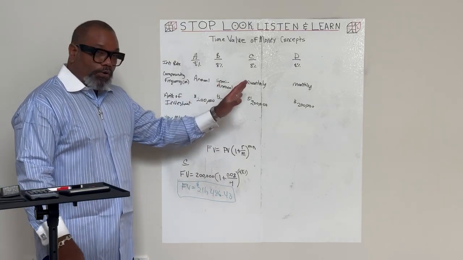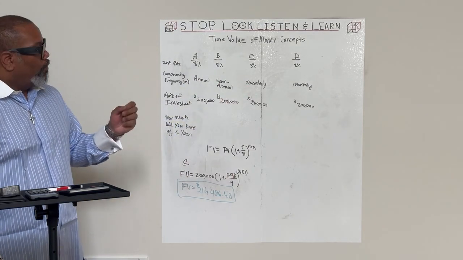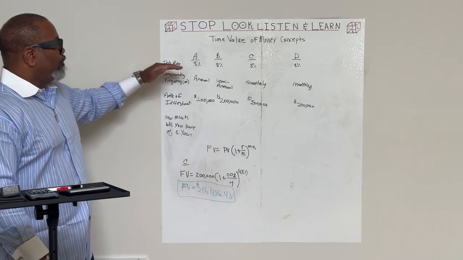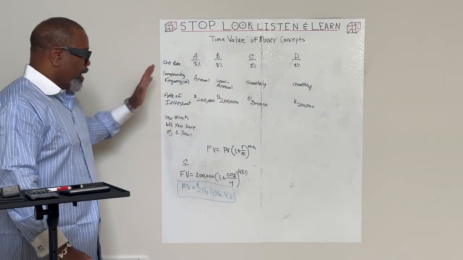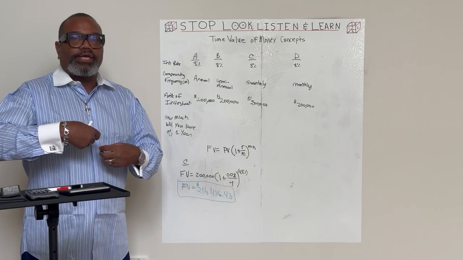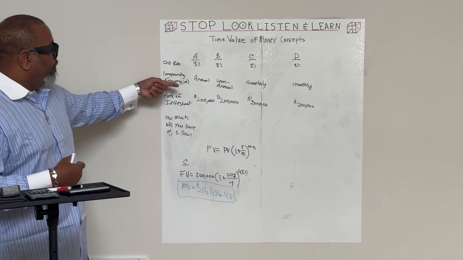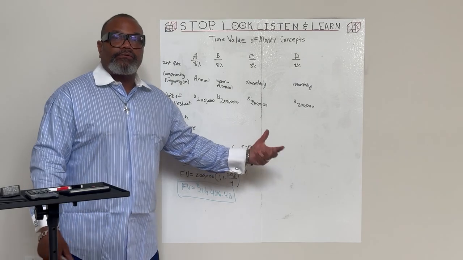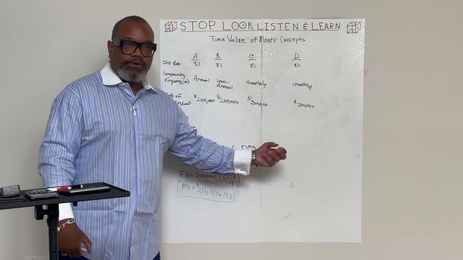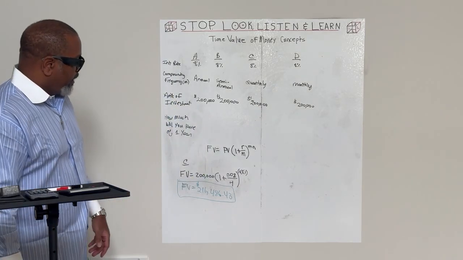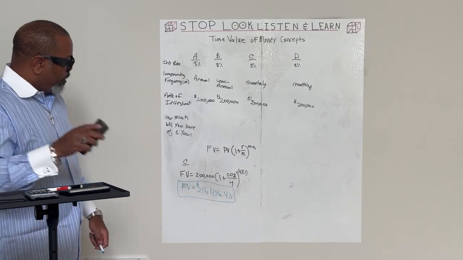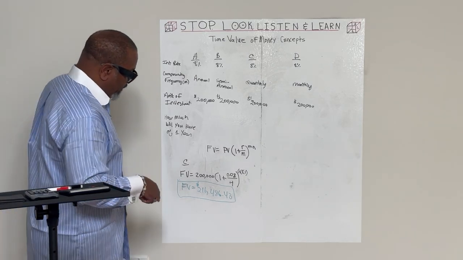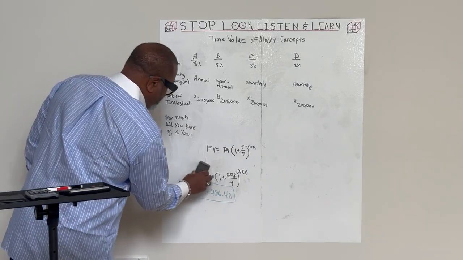So you're getting more money. So as you can see, what is happening here is that for a given stated rate, as you increase the number of compounding periods or the compounding frequency, you end up with more money or greater future value at the end. So take a moment and jot that down, and then we're going to do D.